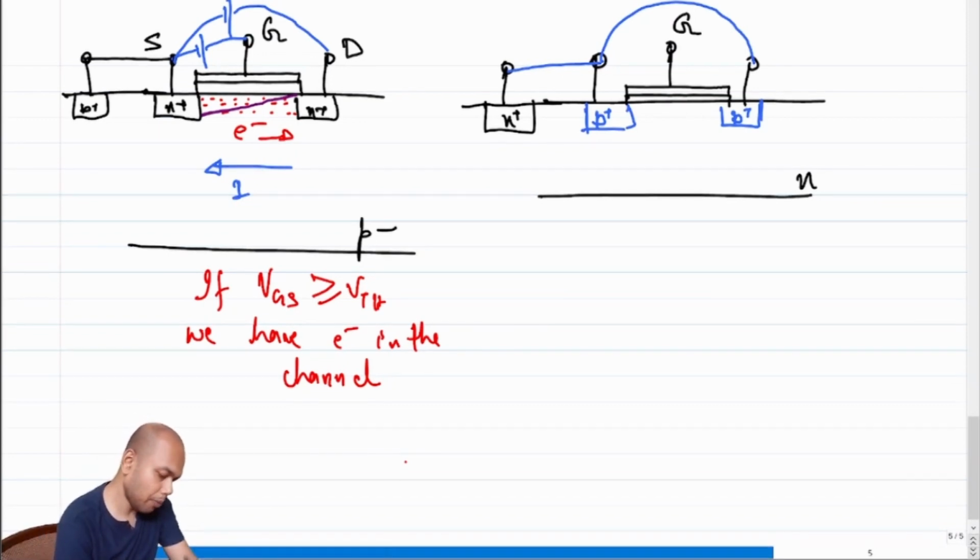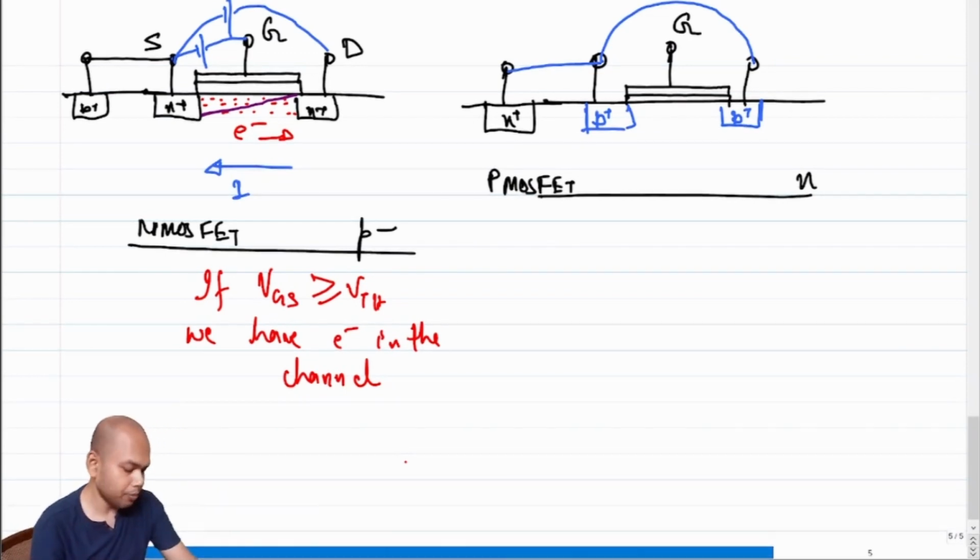By the way, this is called a PMOS transistor, a p-MOSFET, just like the other is called an NMOS FET. The reason this is called a p-MOSFET will be apparent just now.